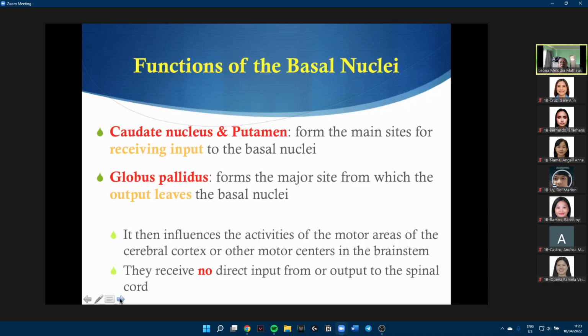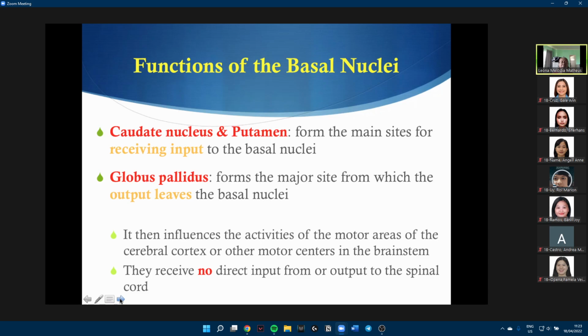Now, what are the functions? Firstly, we specifically point out that impulses going into the basal nuclei are received by both the caudate and the putamen, whereas impulses that go out of the basal nuclei go out through the globus pallidus.